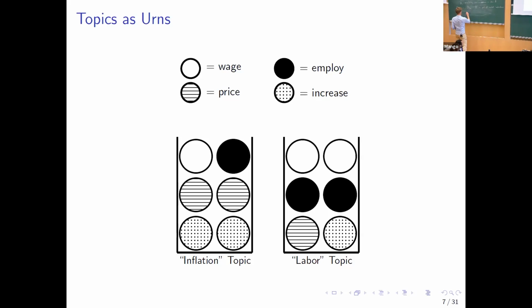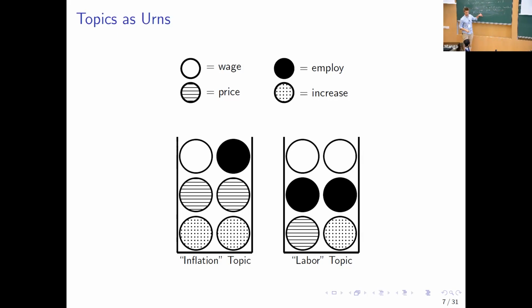Let's say beta 1 is the inflation distribution over terms, and coming back to this independence assumption, conditional on talking about the inflation topic, you keep drawing these balls IID. We need to define some index into 1, 2, 3, 4 to specify the probabilities. So wage occupies the first place, price the second, employee the third, and increase the last place.